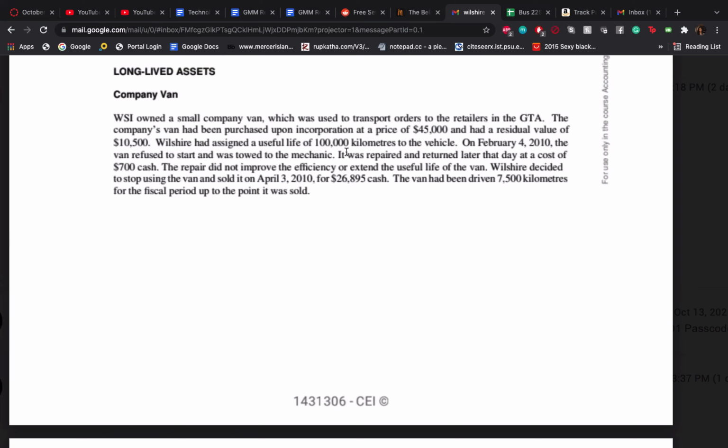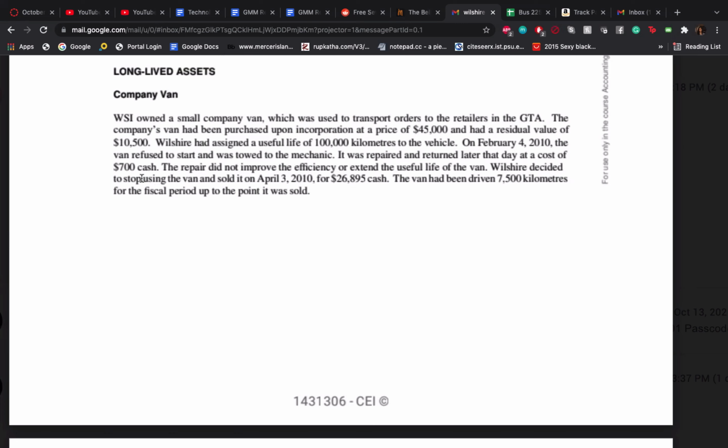On Feb 4th, the van refused to start, repaired for $700 in cash. So they're essentially giving us the fact that he paid for it with cash. So we're going to go ahead and, what are we going to do, debit or credit? For the 700, because it says he spent 700 in the repairs.